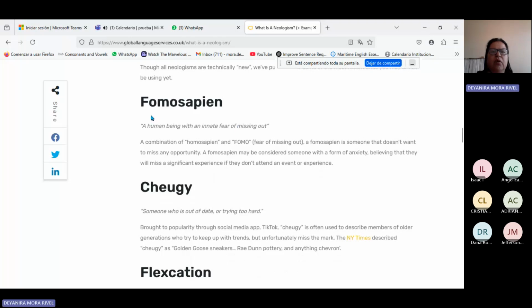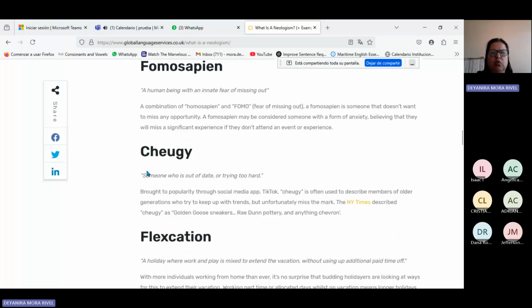Okay, Homo sapiens, a human being with an innate fear of missing out. So it comes from a combination of Homo sapiens and FOMO, which is a root of missing out, not to be there. This was Chugi, I think, and it became popular through TikTok.